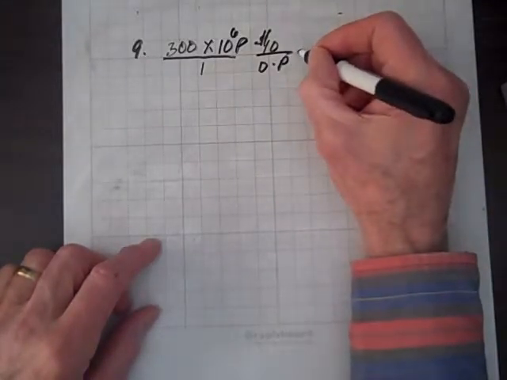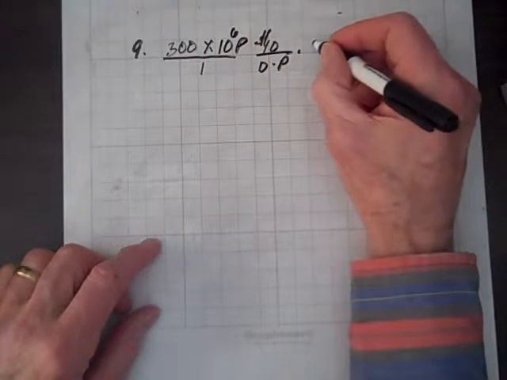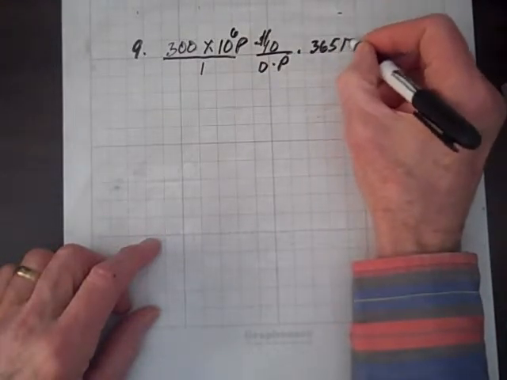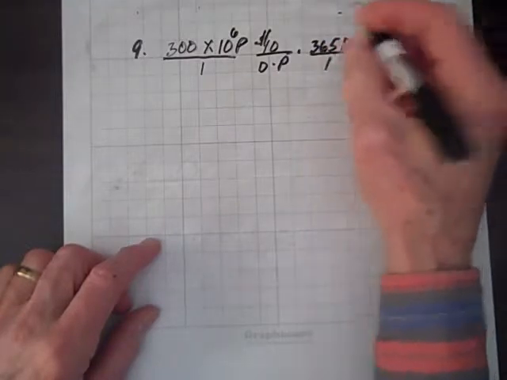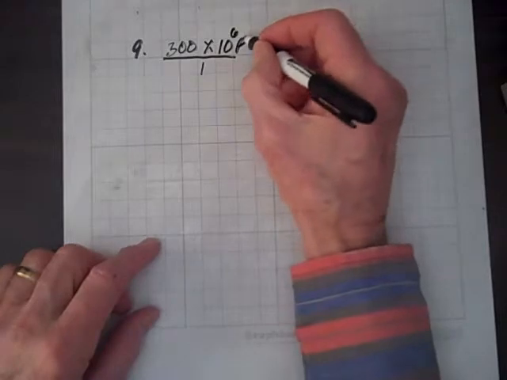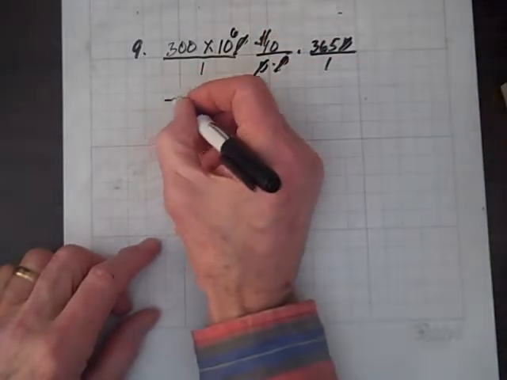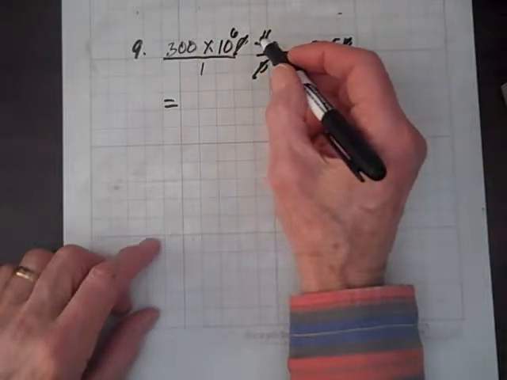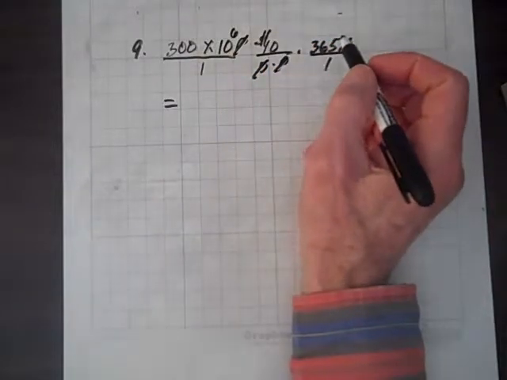And now there are 365 days in the year. And so the days will divide out, the persons will divide out, and the only units we have left are dollars.